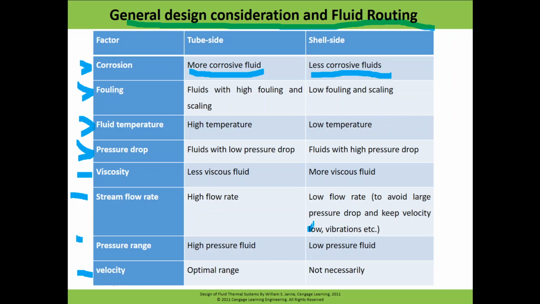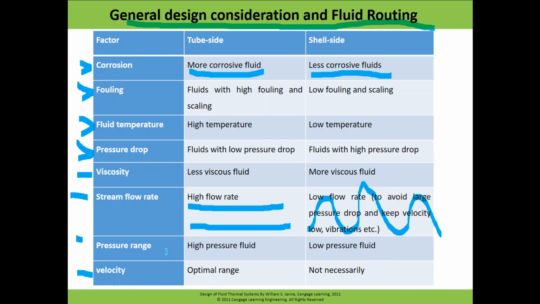For the shell side, the fluid goes up, goes down, goes up, goes down, whereas in the tube side the fluid just goes from one end to another end and then comes back. So when the fluid has a lot of turns, there is a possibility that the fluid will have a lot of recirculation and a lot of impact on the baffles. To avoid this, the low flow rate is preferred on the shell side, and the high flow rate can flow through the tubes.